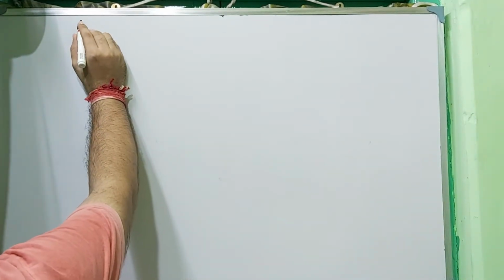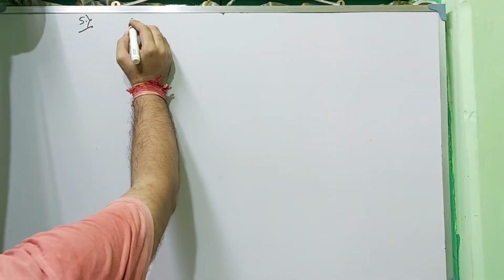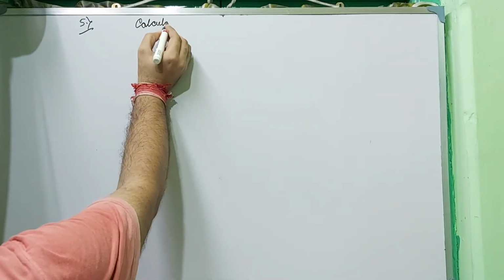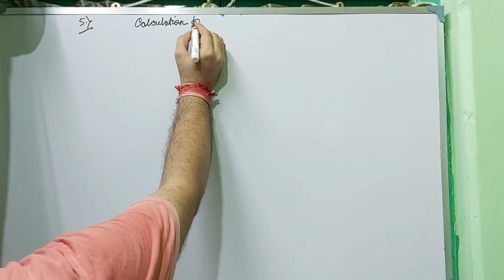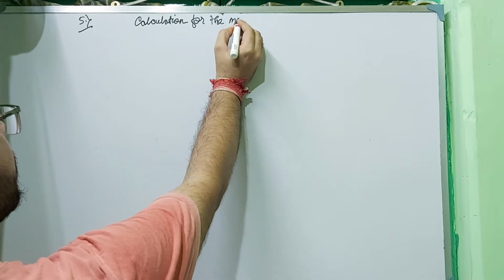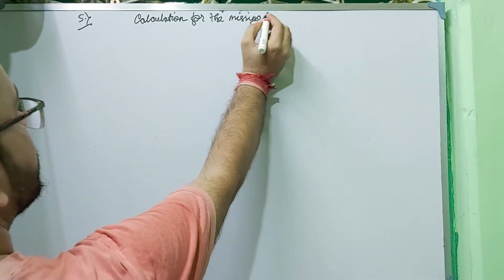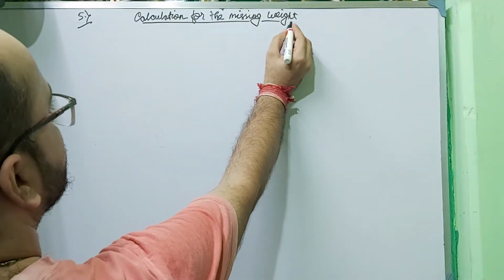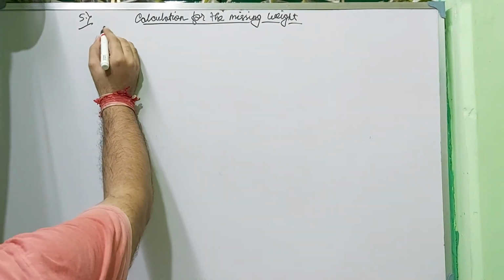So, the calculation for the missing weight. Obviously it is sum number 5, as it has been determined in your homework. For the missing weight, the groups have been provided.